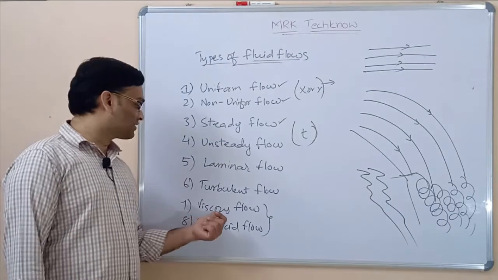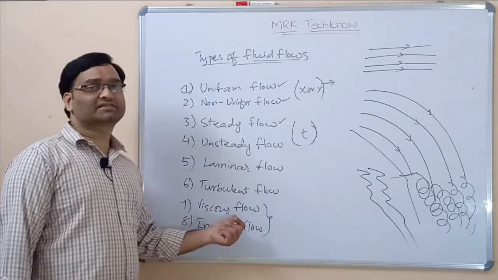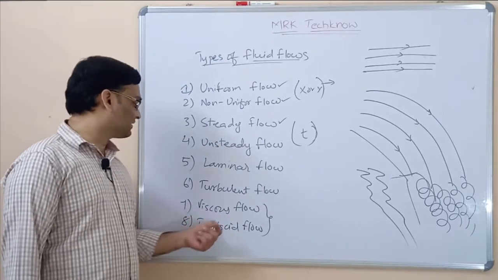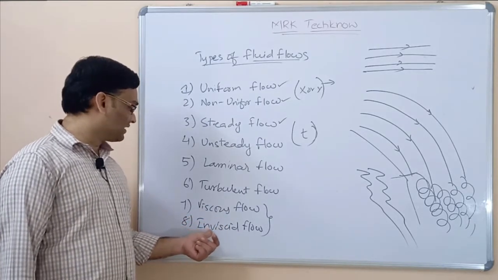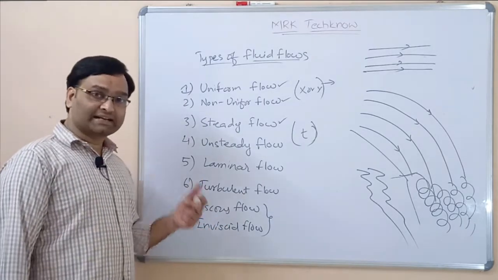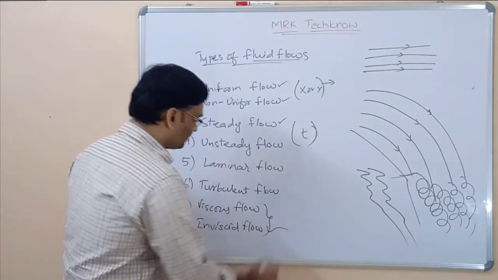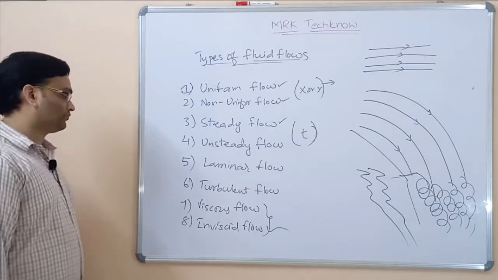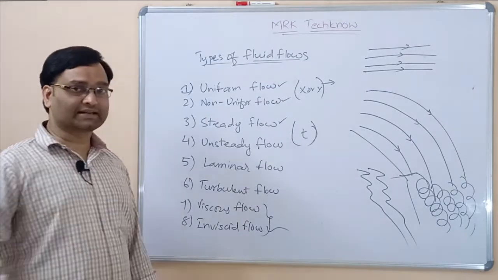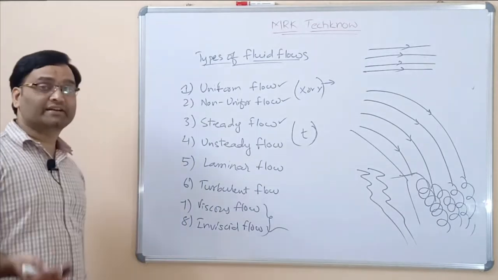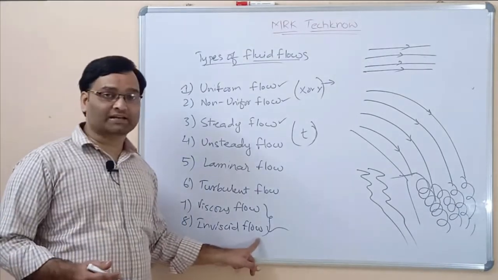So in certain cases where viscosity is not a predominant factor, viscosity is neglected and fluid properties are estimated. When you neglect the viscosity, such kind of fluid is called inviscid fluid or inviscid flow. Such analysis is called inviscid flow analysis.